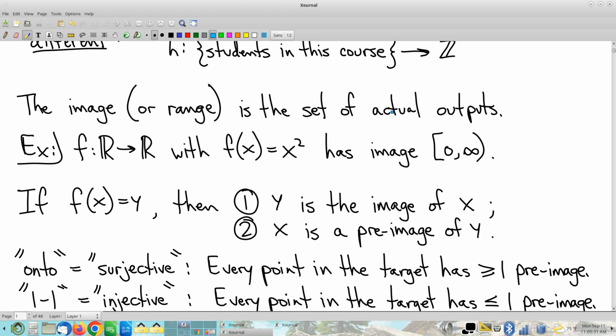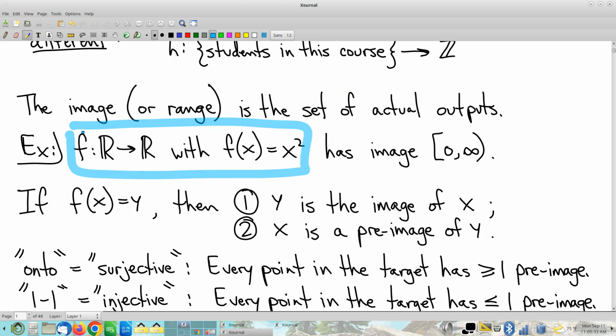I can talk about this function right here. There's a function. I've got a domain, I've got a target, and I've got a rule of assignment, in this case, a formula. A perfectly reasonable function. What is the image of this function? What are the actual outputs? What really comes out of this function?